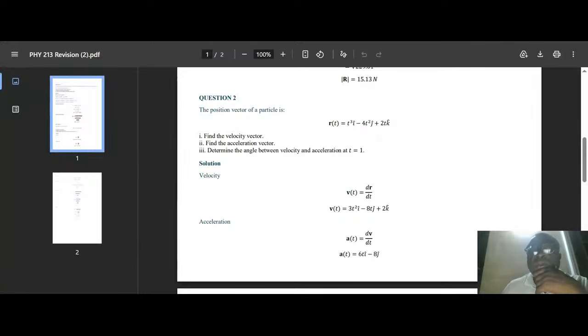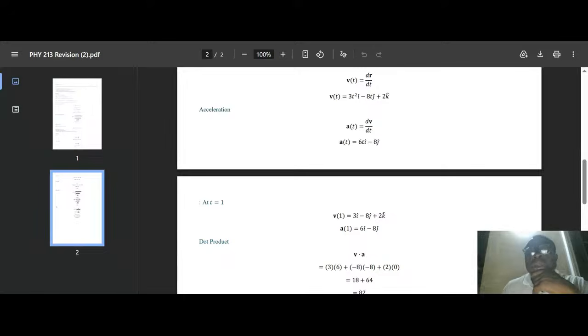What of acceleration? Acceleration is the rate of change of velocity. So by the time we differentiate the velocity, we have 6t minus 8, and incorporating the unit vectors, 6t i minus 8j.